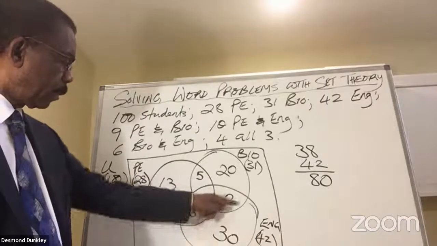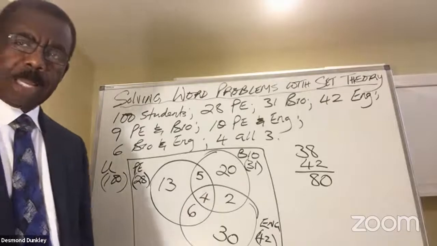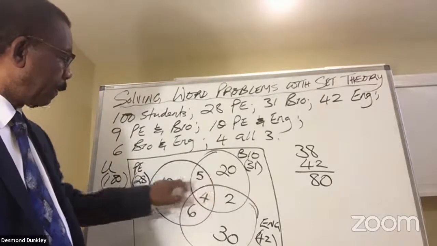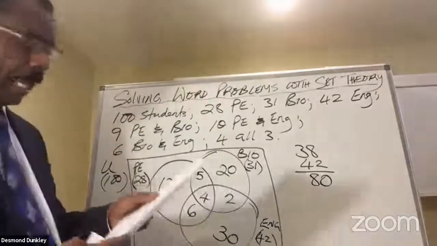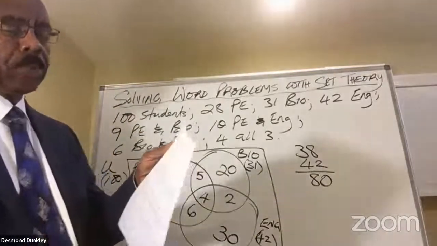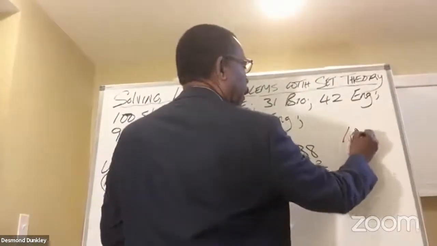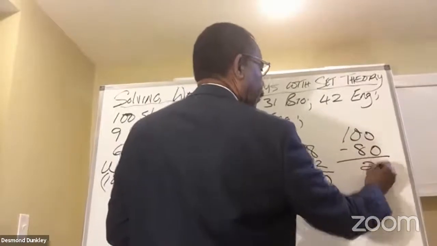The total came up to 42, 25, 38, 80. So the answer to the first question, how many students took none of the 3 subjects, would be 100 take away 80, equal to 20.